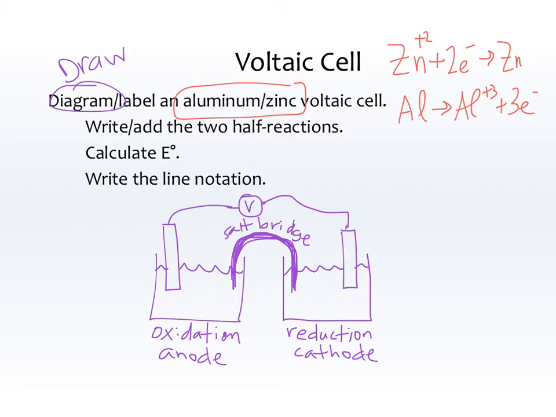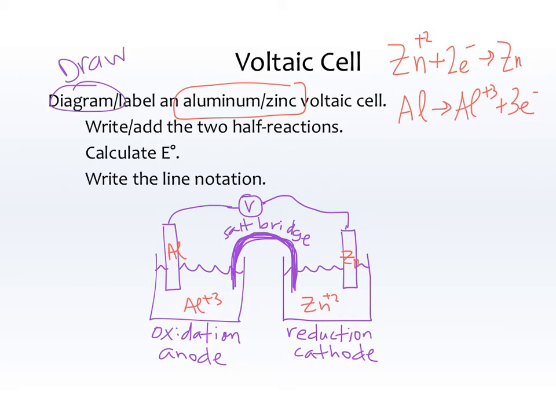So if I put aluminum as the oxidation, then over here, this is a chunk of aluminum metal, maybe a piece of aluminum foil, and the liquid is aluminum ion in solution. And then the reduction side, this is a chunk of zinc metal, and the liquid is zinc ion in solution. So maybe that's aluminum sulfate and zinc nitrate or something along those lines.